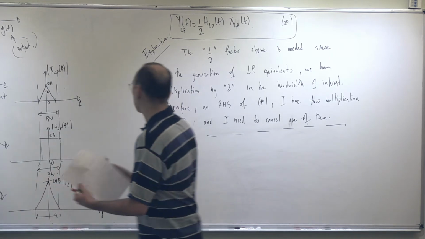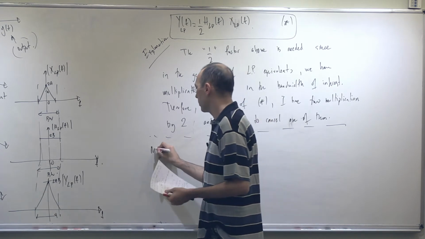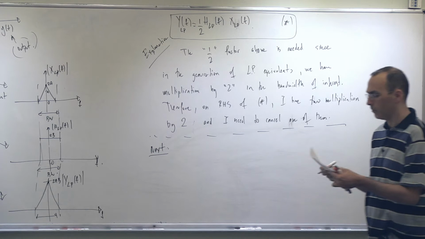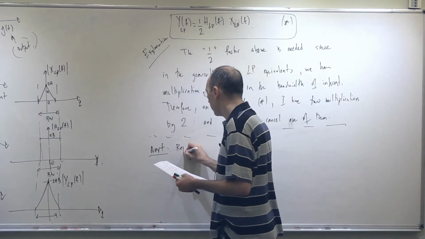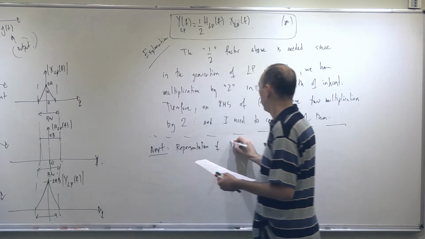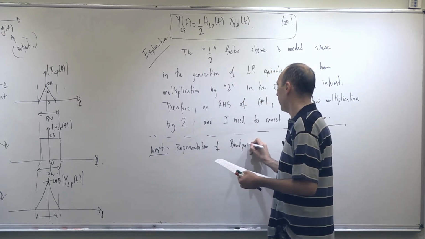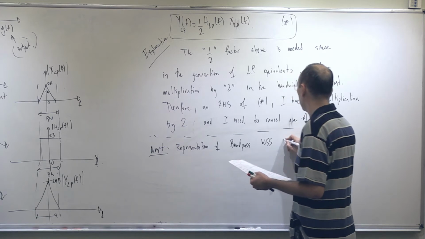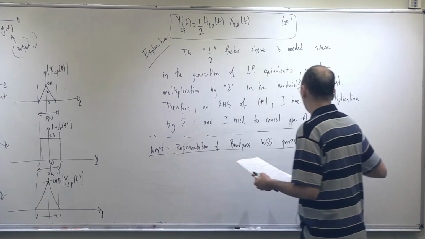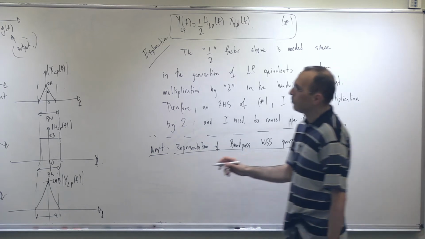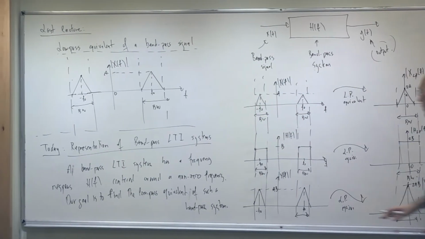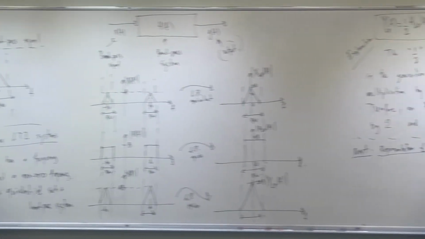So our next topic is, this is our final topic of the course. We would like to study the representation of, let's say, bandpass wide-sense stationary processes. Now, previously we have studied signals and deterministic systems. Now, wide-sense stationary processes.